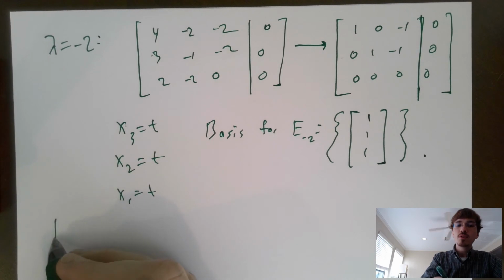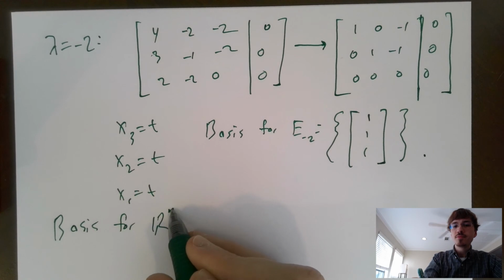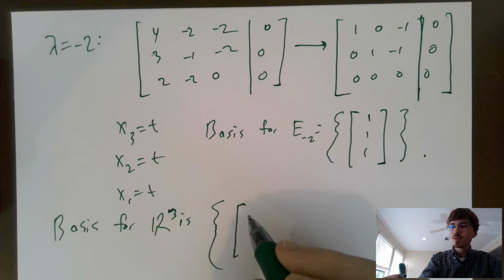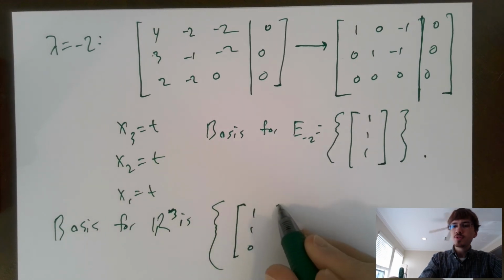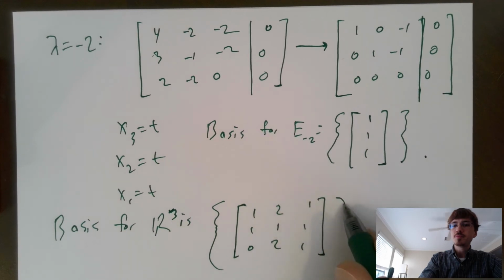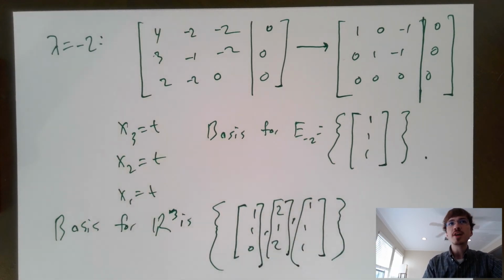So I know that a basis for R^n, n is 3 here, is going to be the set of vectors 1, 1, 0, 2, 1, 2, 1, 1, 1. These are vectors. Sorry about that. The set of these 3 vectors forms a basis for R3. And that's kind of interesting. And these vectors, of course, are eigenvectors corresponding to lambda equals 0, -1, -2.